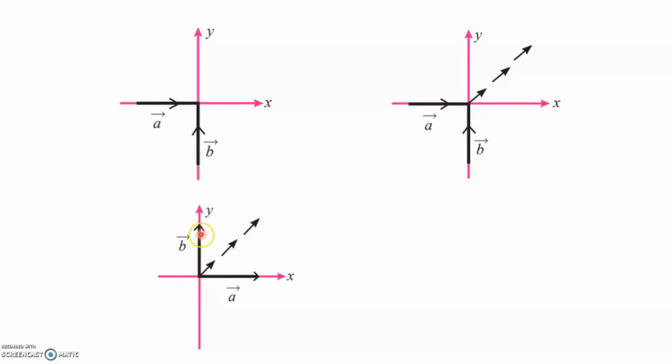After doing that, we're going to move this vector B, or translate it, to the point where the vector A ends. So let's do that. Vector A plus vector B would give you a resultant vector which will start from the origin of vector A and end at the terminal point of vector B.